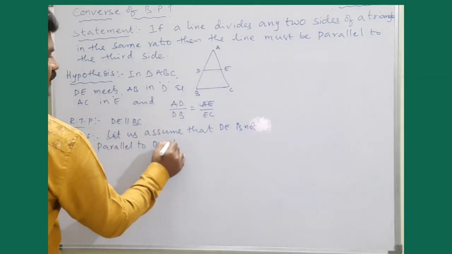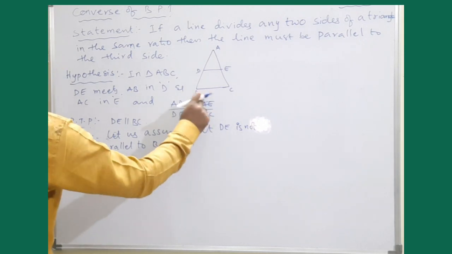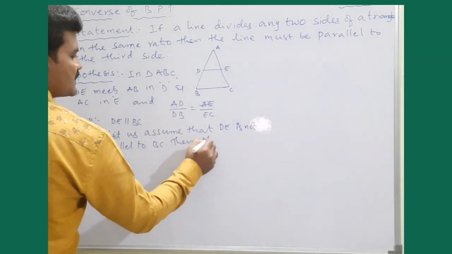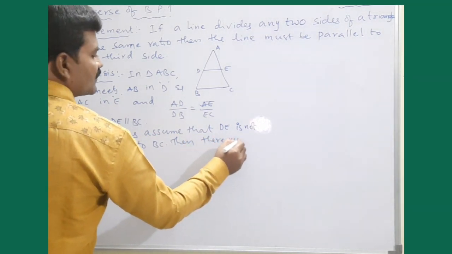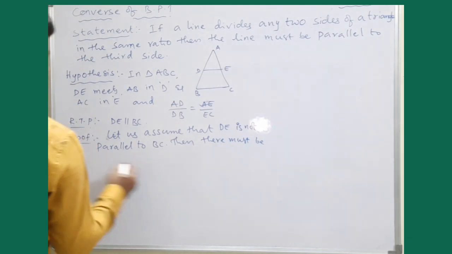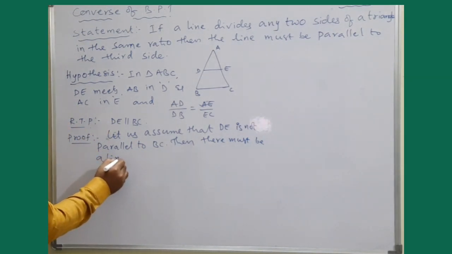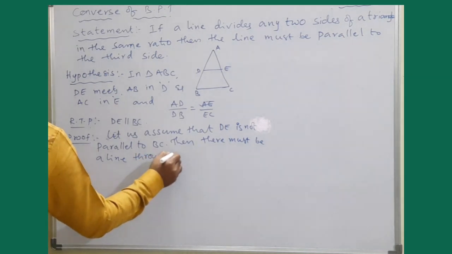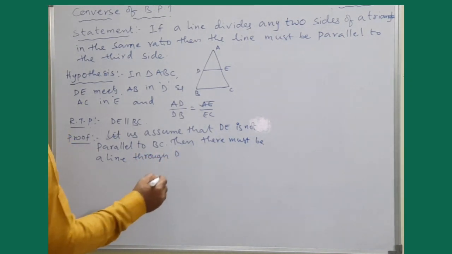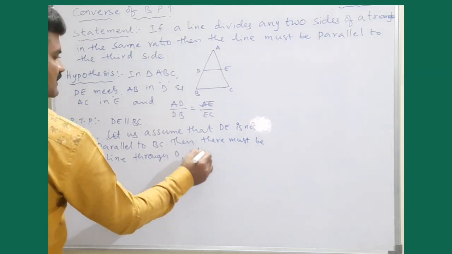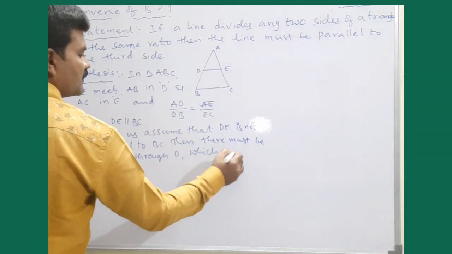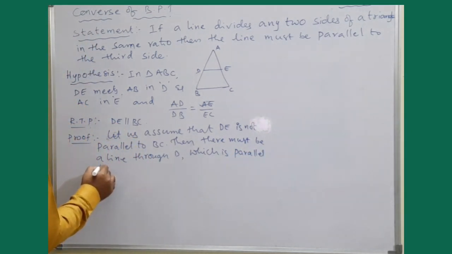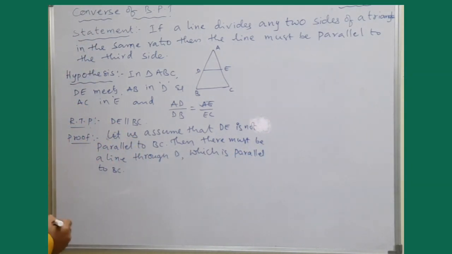Then see what next. If it is not parallel to BC, then there must be a line through D which is parallel to BC, isn't it?